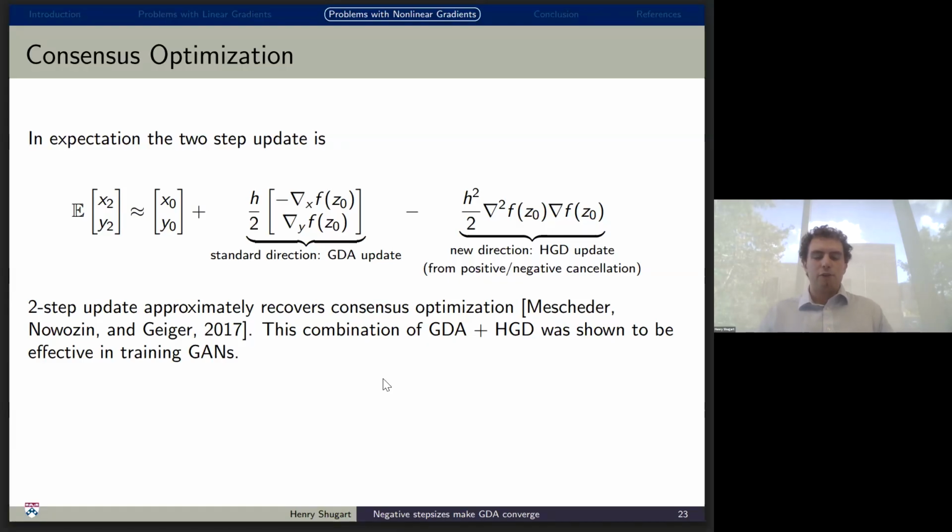For some of you in the audience who might have done more work with empirical machine learning, or especially on GANs, you may have seen this algorithm before.